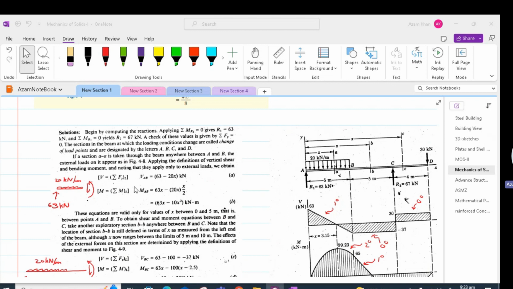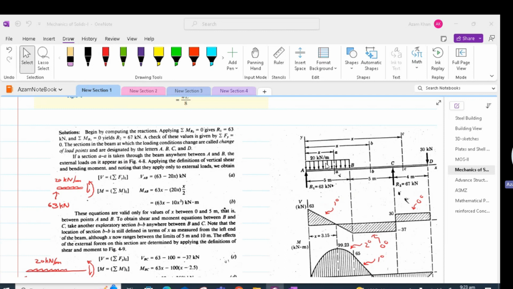This will give us VAB equal to 63 minus 20x, and that is a first degree equation. Similarly, we can take the moment at point AA, which will be equal to 63 times x minus 20 times x into x by 2, and that will give us the equation of moment for the region AB.